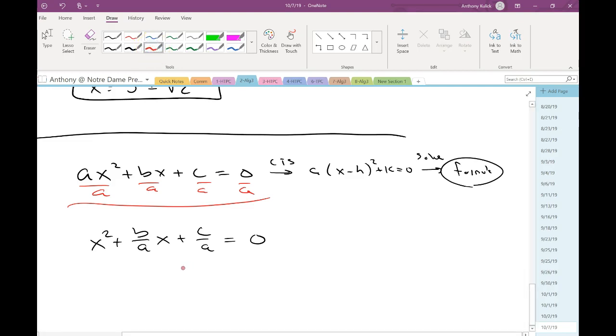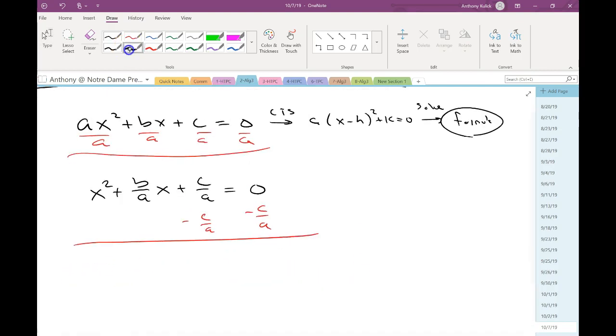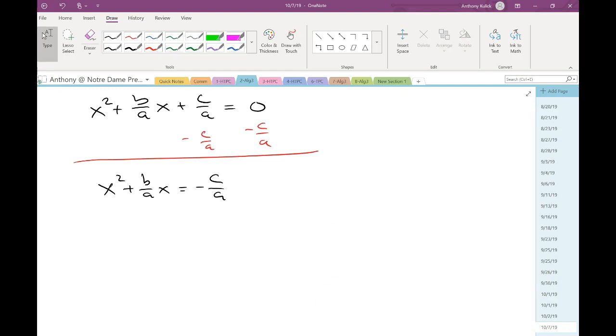The next thing we do is we're going to move that constant term over to the other side. Everybody okay with that?